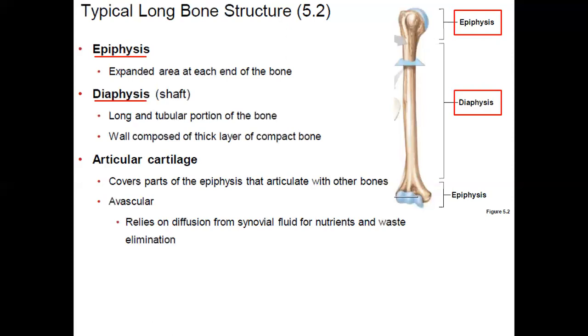And it's avascular. A is without. Vascular is blood vessels. So these cartilages do not have blood supply. They get their nutrients and oxygen, and can get rid of waste basically by diffusion from the bone, or the fluid that's in that joint. It's called synovial fluid.